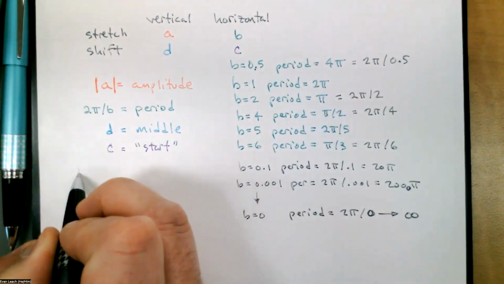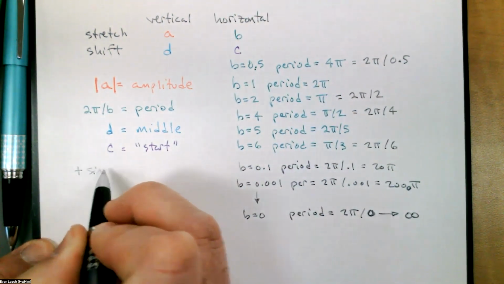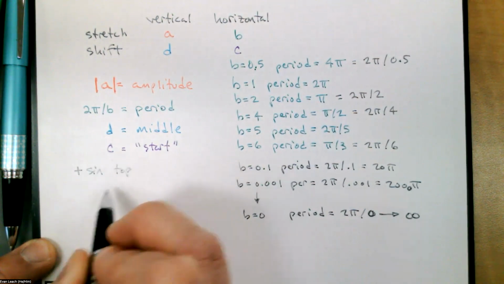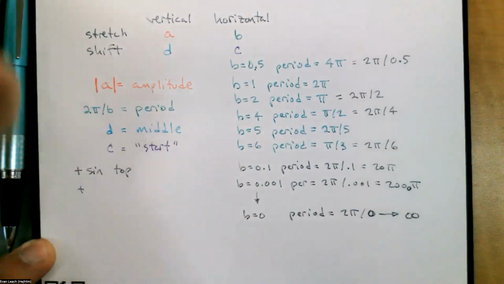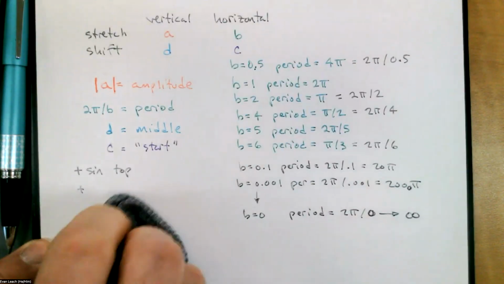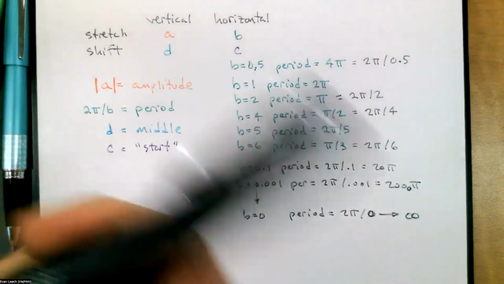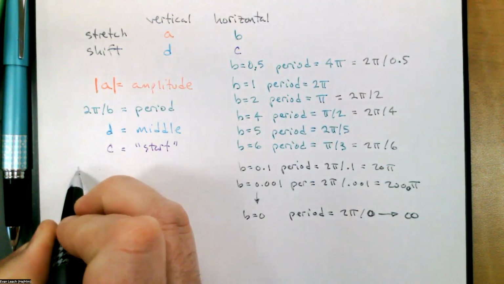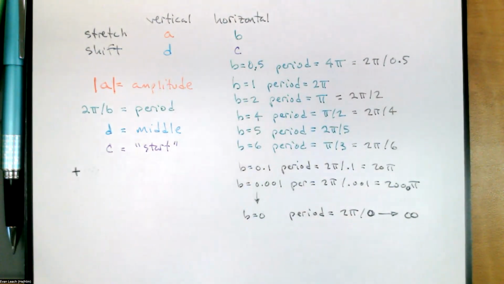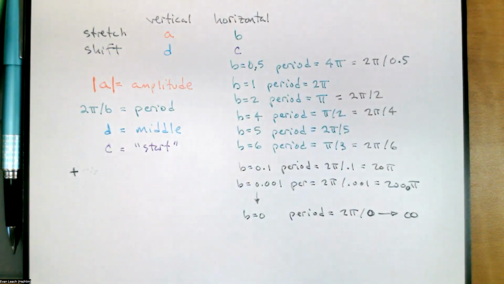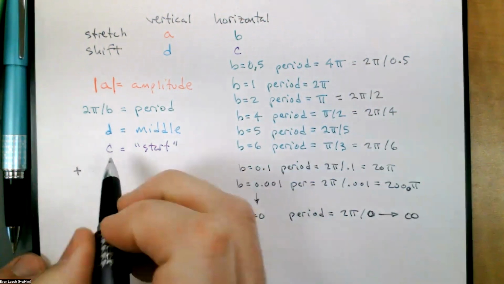A positive sign starts at the middle, going up. For cosine, that's where we're hitting the top of the graph. So C will be the location of where the maximum is, not the actual maximum itself.